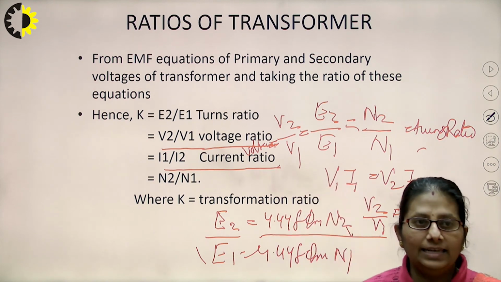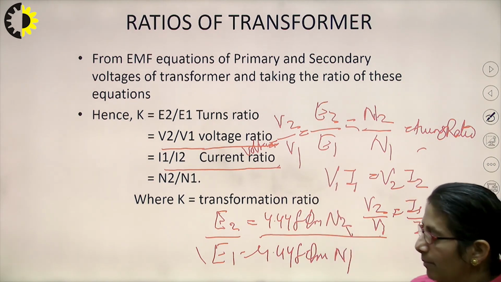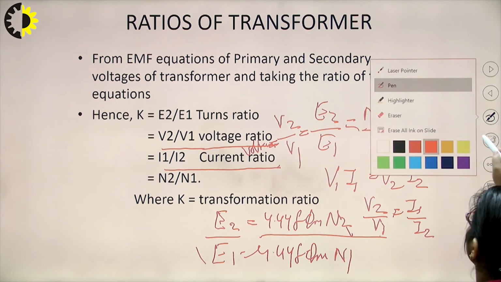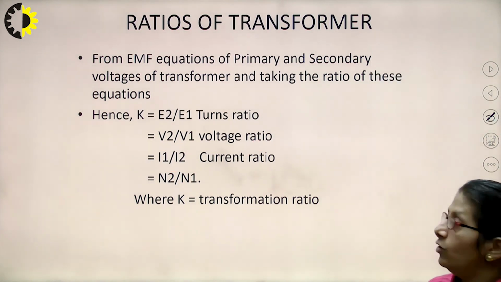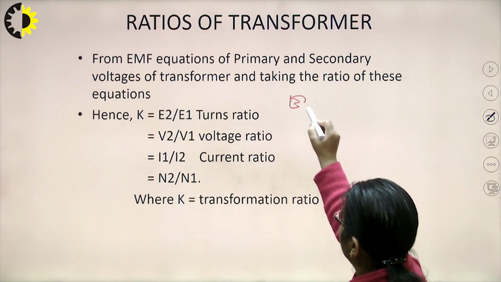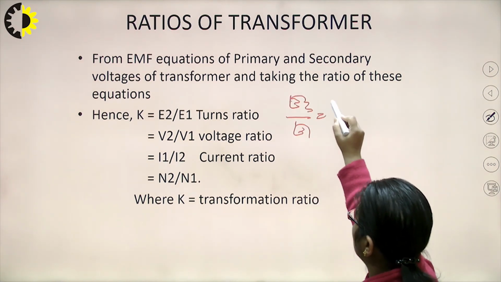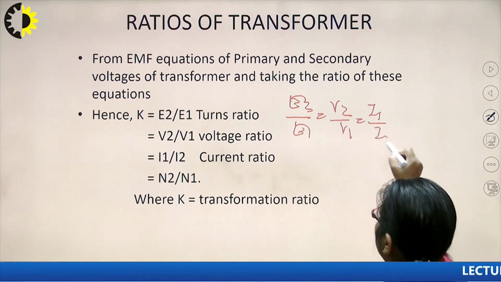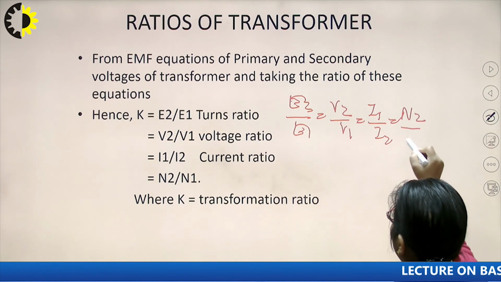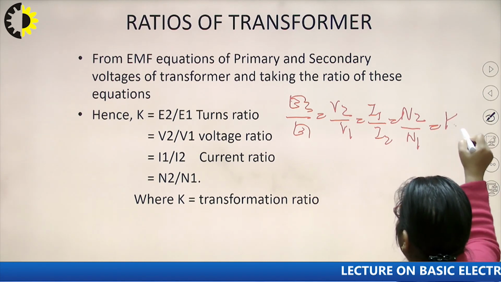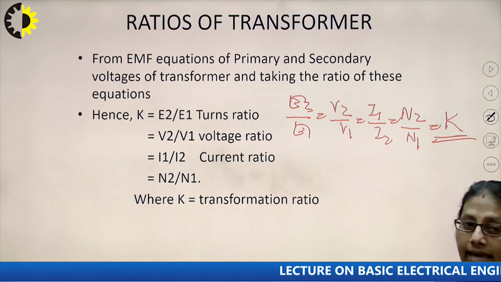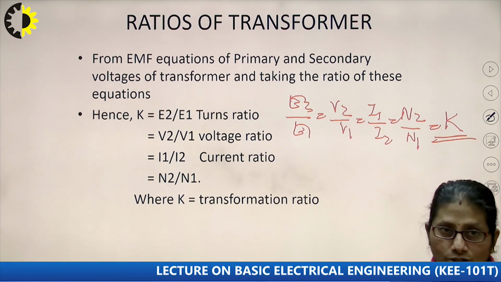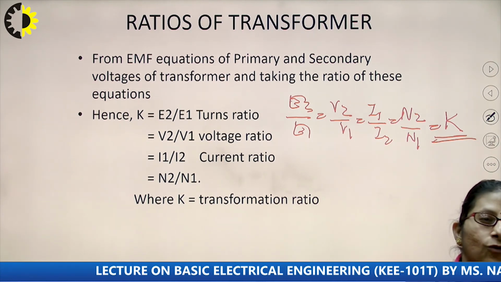And combining all these, E2 by E1 equals V2 by V1 equals I1 by I2 equals N2 by N1. I may call it K. And what is this K? This K gives me the transformation ratio of the transformer, by which the voltages or the currents have been transformed, right.